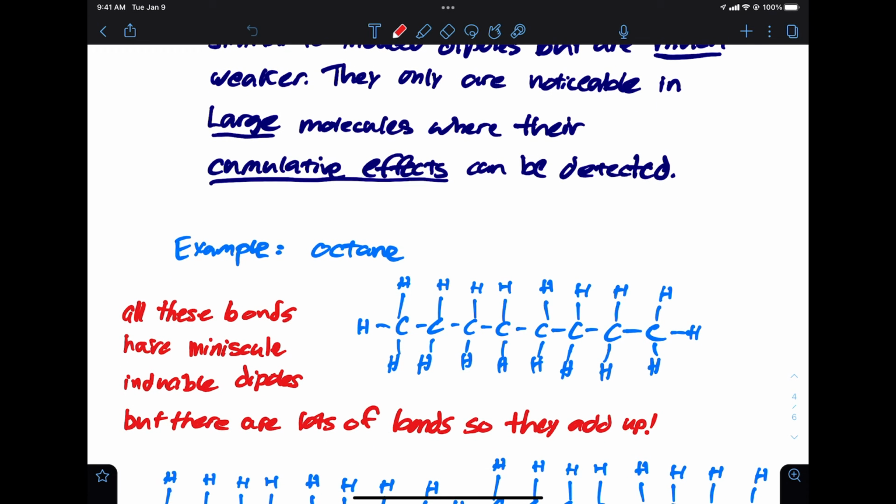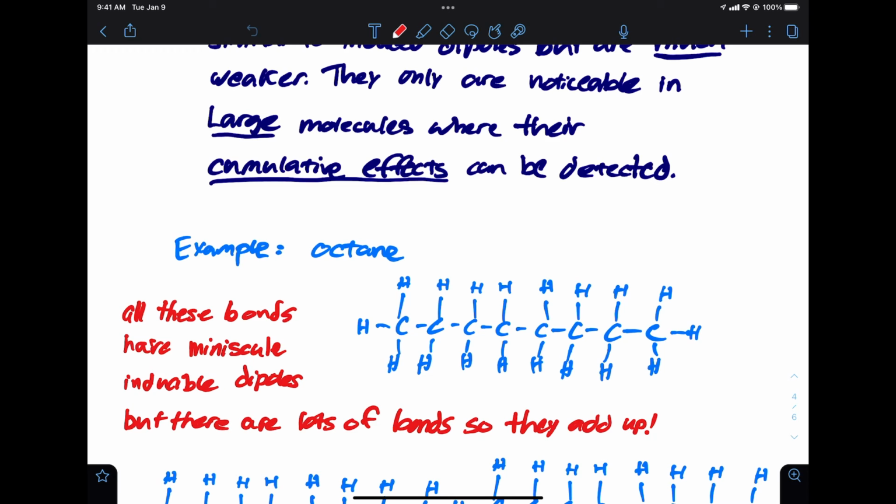It's a chain of carbons where every carbon has as many hydrogens on it as it needs to get 4 bonds. Now, all of these bonds are essentially nonpolar. A carbon-hydrogen bond is nonpolar, kind of at the limit.